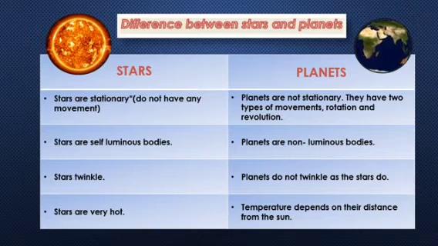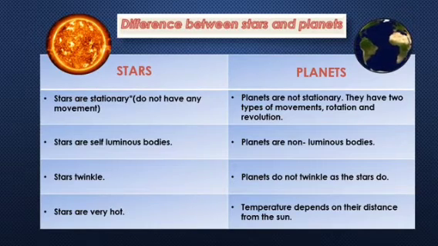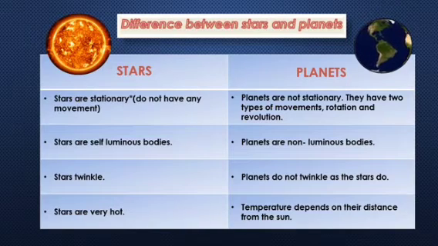But planets are non-luminous bodies. They do not have their own light, but they can only reflect the light of their star. Stars twinkle, but planets do not twinkle as the stars do. Stars are very hot, but the temperature of the planets depends on their distance from the sun.